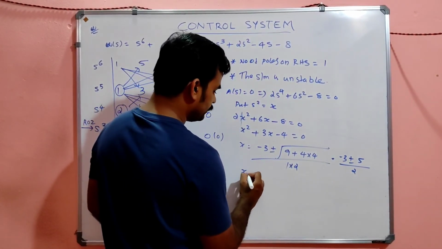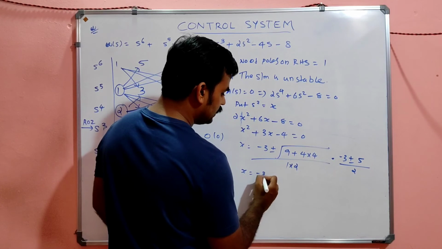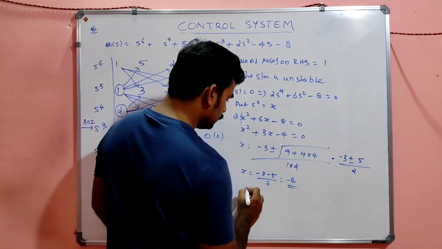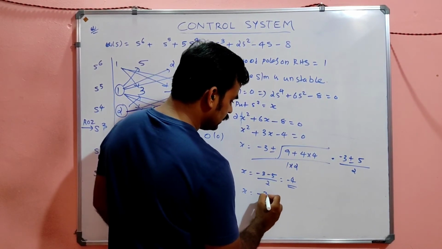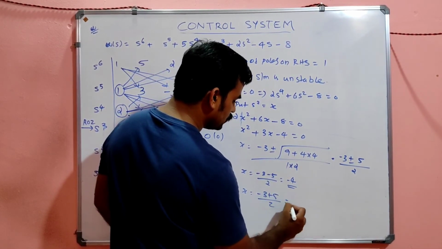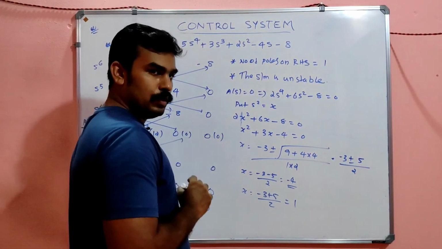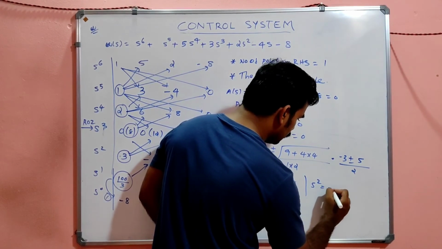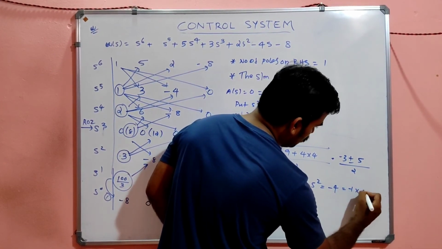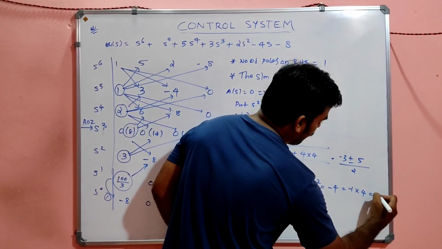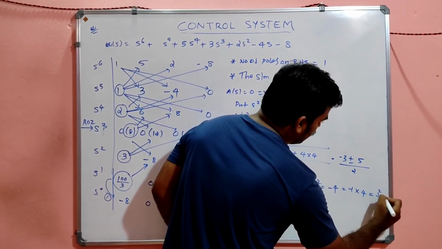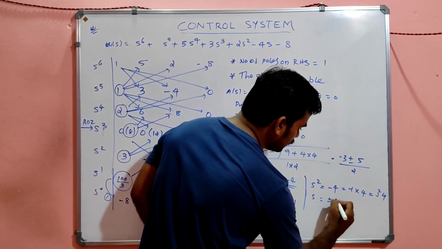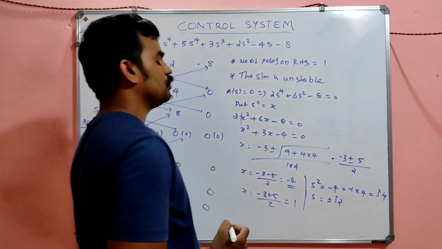So it will become x equal to minus 3 minus 5 by 2, minus 4, or x equal to minus 3 plus 5 by 2, which is equal to 1. Okay my dear, which implies x is equal to s square. So s square equal to minus 4, which is nothing but minus 1 into 4, which is nothing but j square into 4. So s will be simply equal to plus or minus j2.